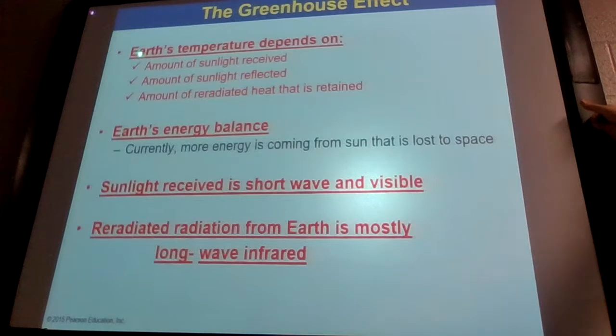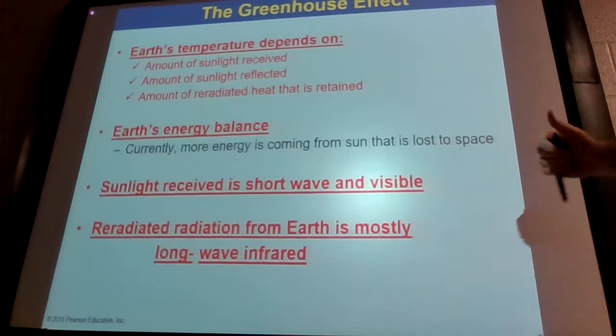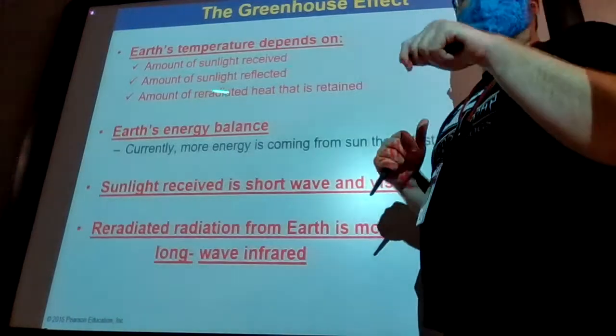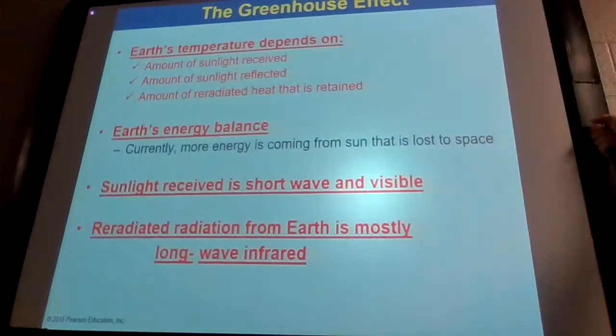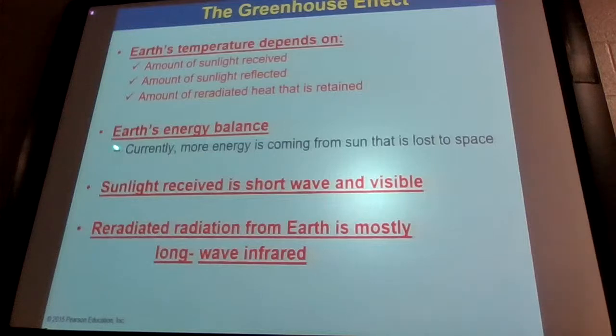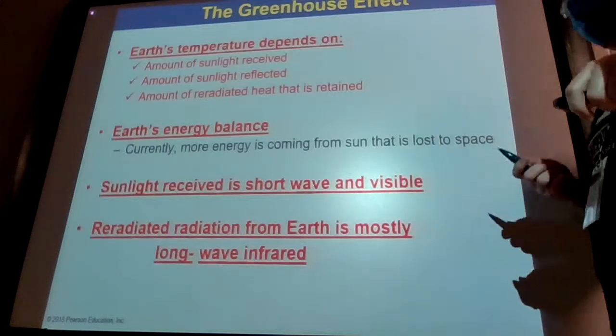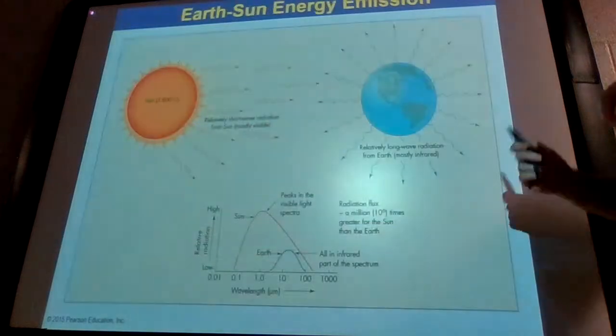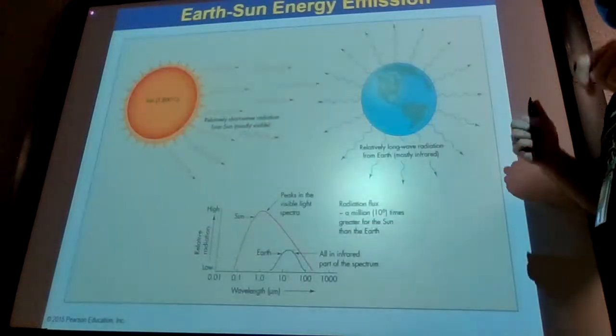So Earth's temperature depends on, and we talked about this in the other chapter, it's really about sunlight received versus reflected. It's your sun budget and how much energy you're keeping versus how much energy you're letting go back out into space. And so we call it the energy balance or the energy budget. And we try to keep track of exactly what's happening here.